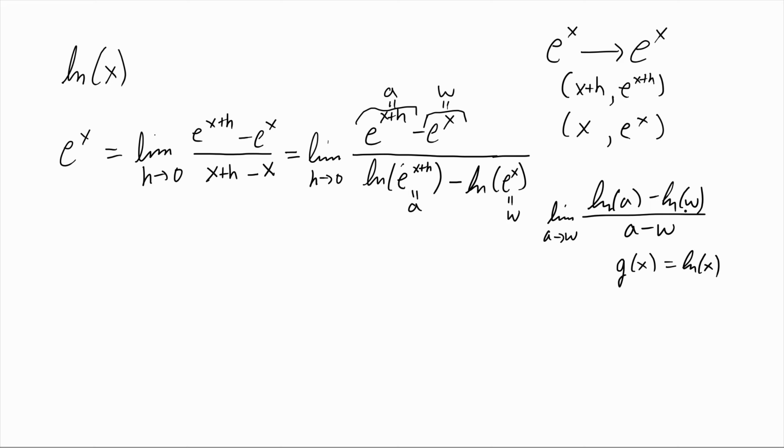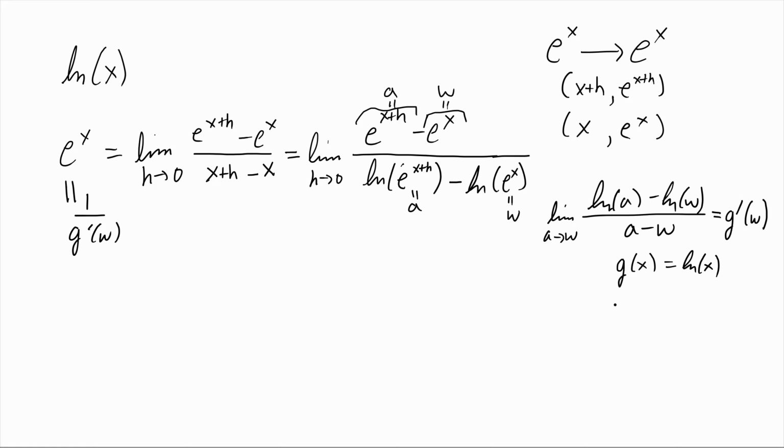And this guy right here, this is the derivative of the natural log function right at w if you plug in w. So not only does this limit here go to e to the x, but it also ends up going to the reciprocal of this, 1 over g prime of w.